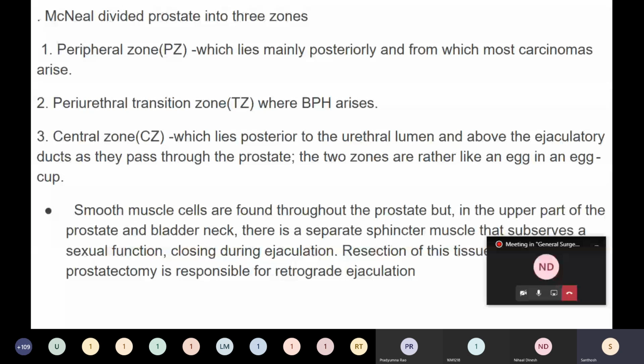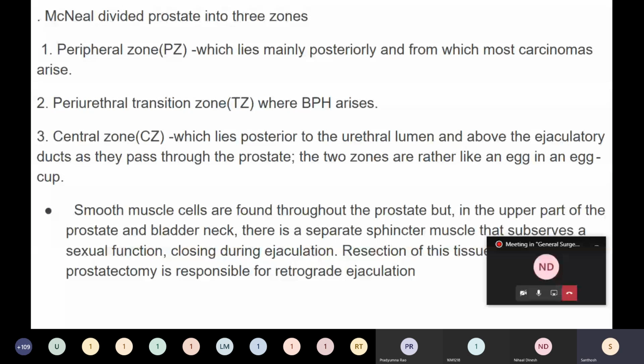So resection of this tissue during the prostatectomy process is what is responsible for retrograde ejaculation. They can ask you the adverse effects of prostatectomy, and retrograde ejaculation is a must, you have to tell.